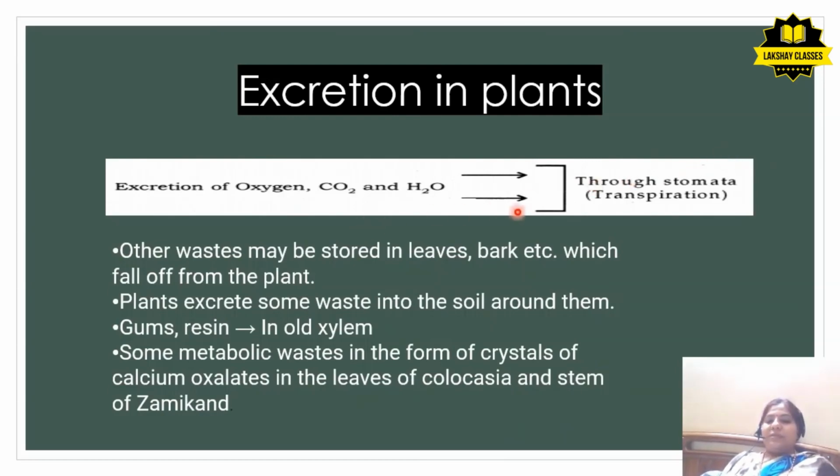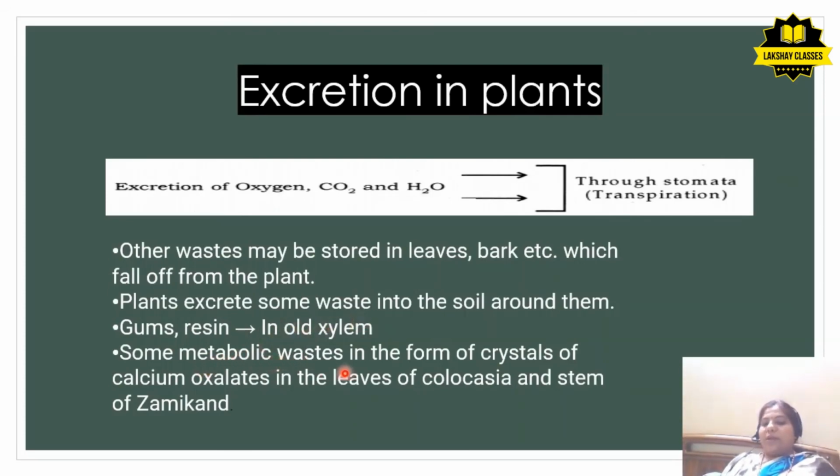Apart from these three, the other waste materials may be stored in the leaves and bark of the tree, which fall off from the plant. Then the plant excretes some waste into the soil also. Then gums and resins are also waste materials of the plant in old xylem tissues.